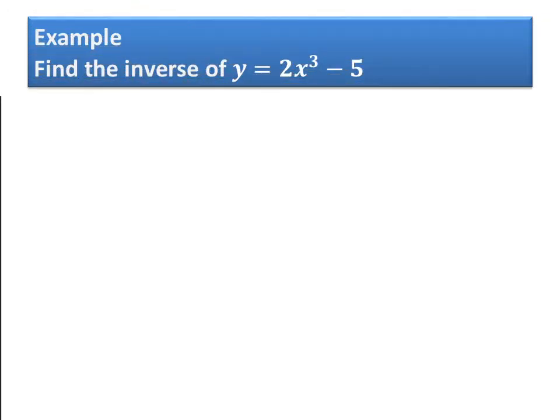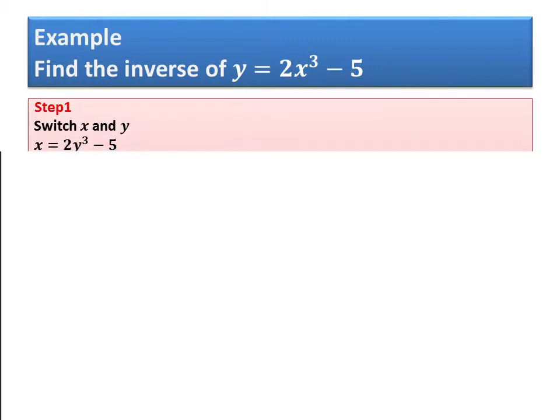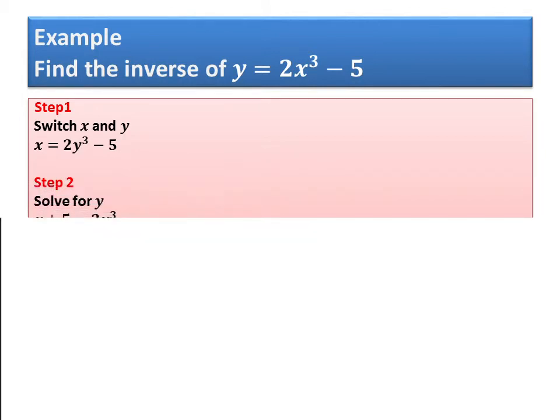Another example, find the inverse of y equals 2x cubed minus 5. We follow the same two steps. The first step, we switch x and y. So we have x equals 2y cubed minus 5. Step 2, solve for y. So adding 5 to both sides of the above equation, we have x plus 5 equals 2y cubed.